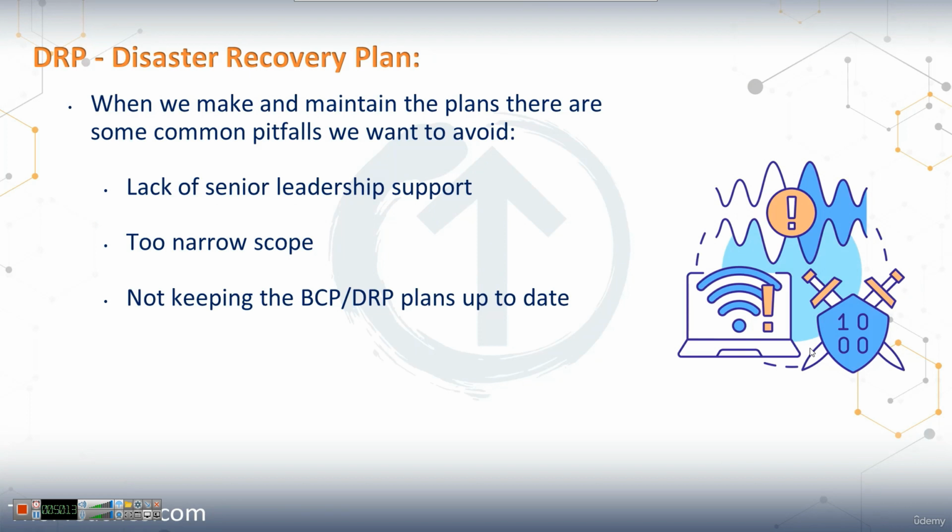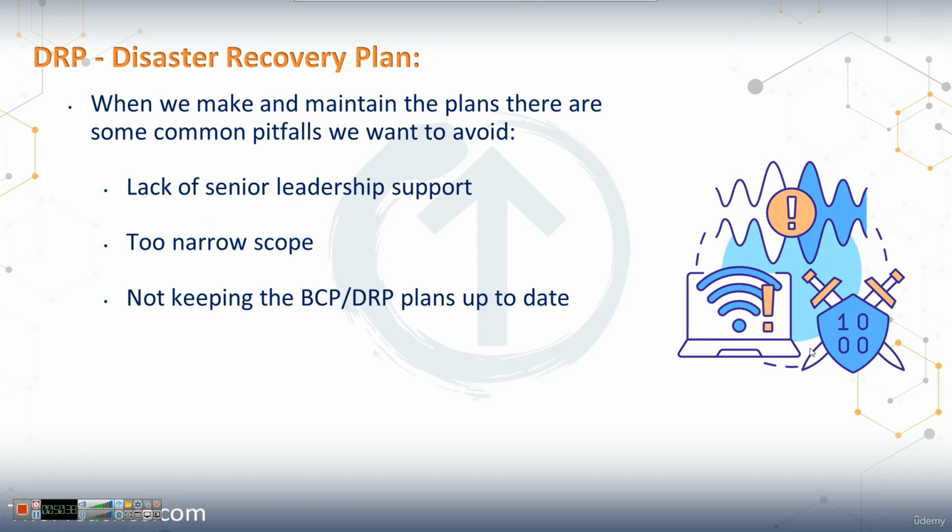If we take the example of a hospital again, then I might think, okay, patient records are critical. They need to be accessible at all times. Makes sense, right? But all the other things, what if we can't access pharmacy or imaging or any of the other things that we need to treat the patients? We don't know about all those things unless we have the right stakeholders that can help us get the right scope. So it all ties back to that critical buy-in from senior leadership.